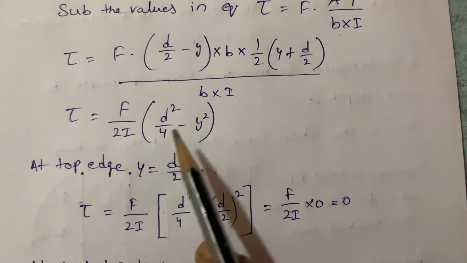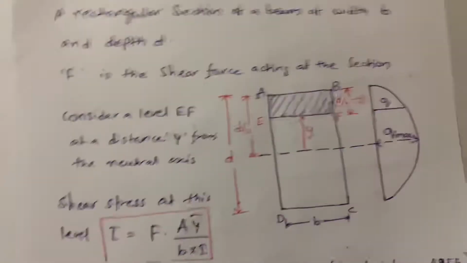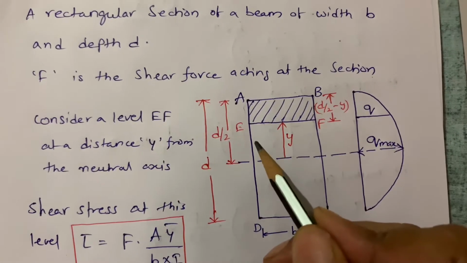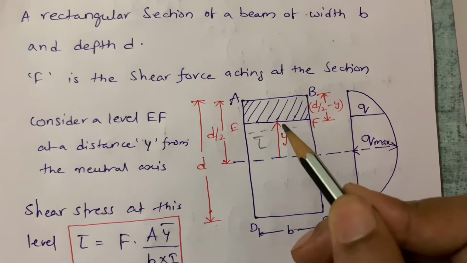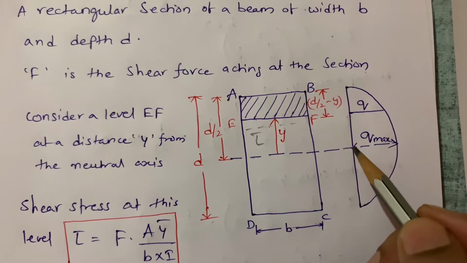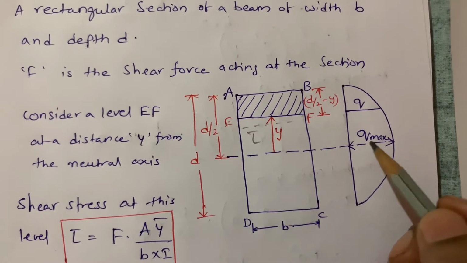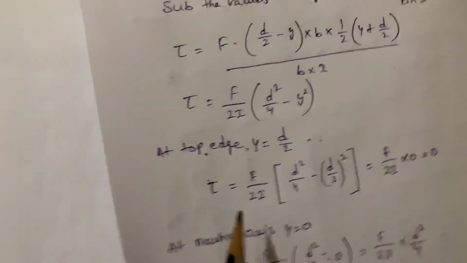If tau increases, the y value decreases, and based on this tau value the maximum stress also varies.